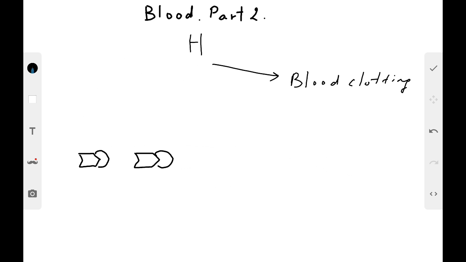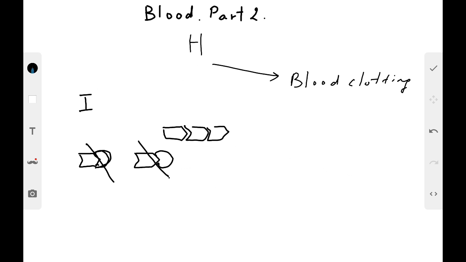It is plasma clotting factor number 1. It has a special part of the molecule, which looks here like a cap, and when it is discarded, then fibrin is produced, and fibrin may bind.